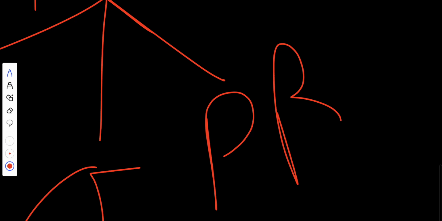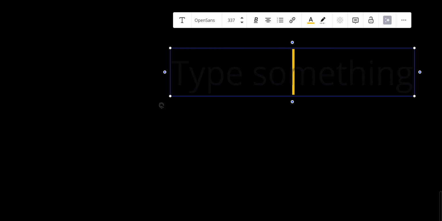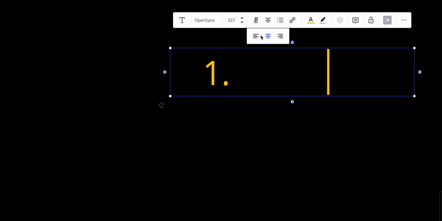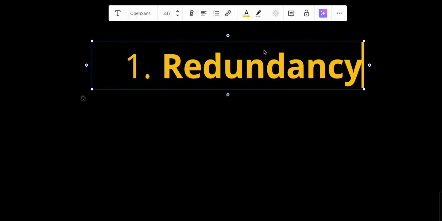There are a lot of different strategies to eliminate a single point of failure. Let me go through them one by one with numbers. The first one is redundancy. You can add backup components like a database cluster or multiple web servers to ensure the system continues working even if one fails.